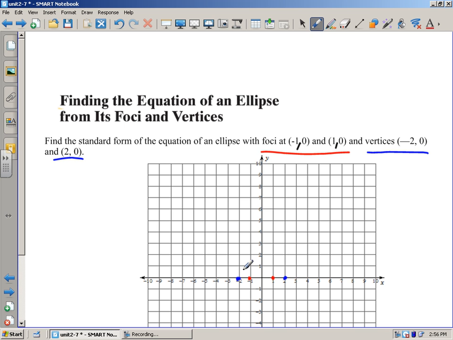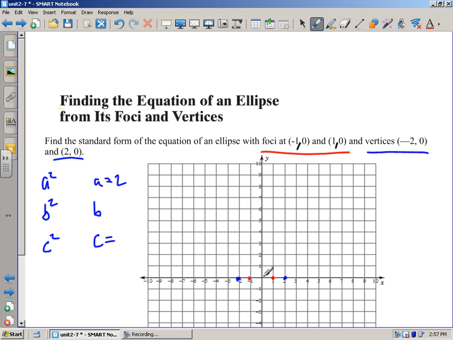So I need to ask myself, okay, what's a squared, what's b squared, what's c squared, and then what's a, b, and c? Okay, a is the distance from the center to the vertex. Well, that's 1, 2. So a equals 2. B, no clue what it is.